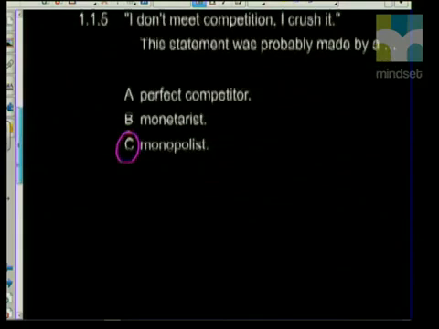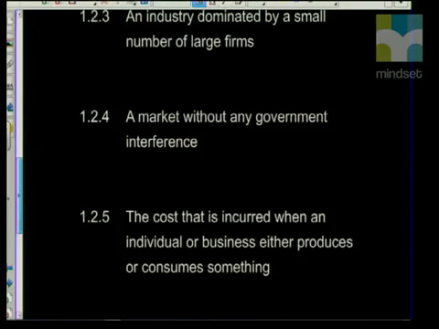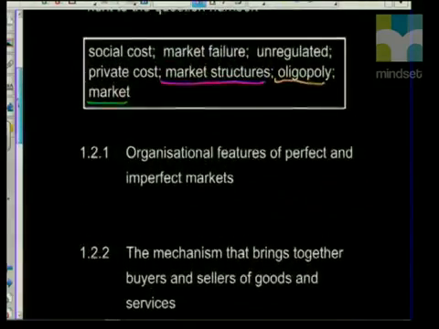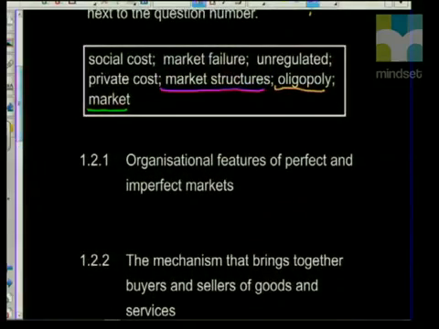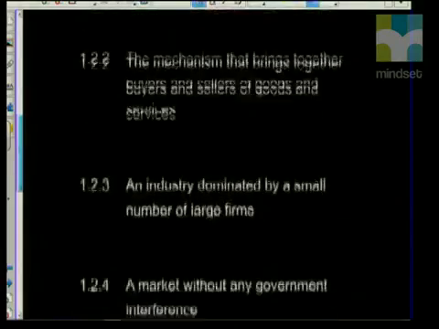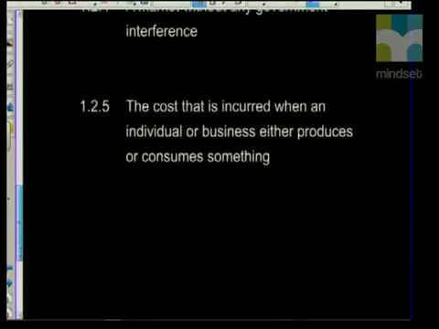1.2.4, a market without any government interference. This market would be unregulated. And then the last one, 1.2.5, the cost that is incurred when an individual or business either produces or consumes something.